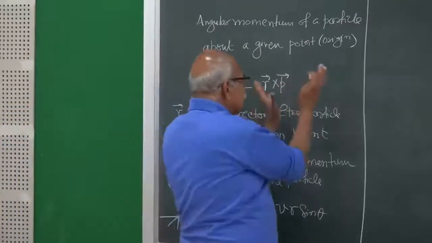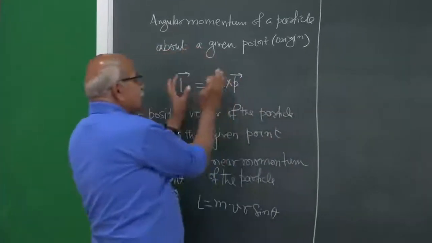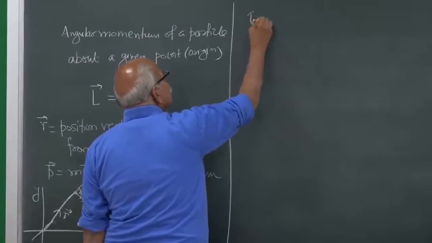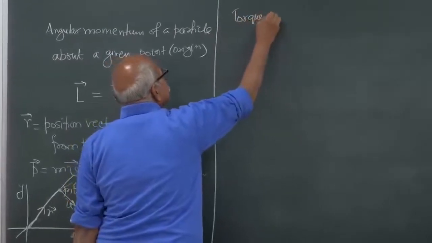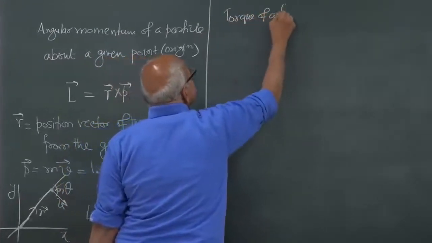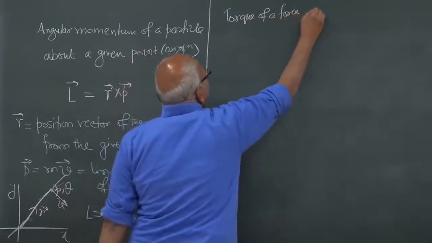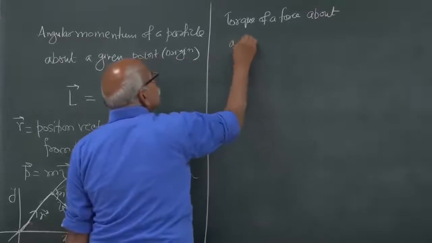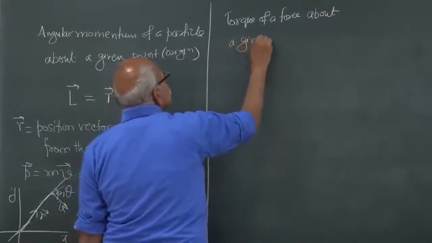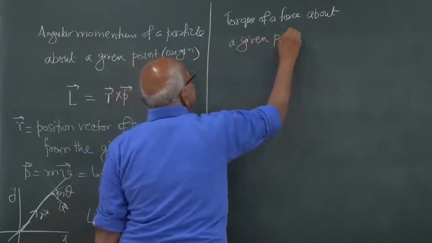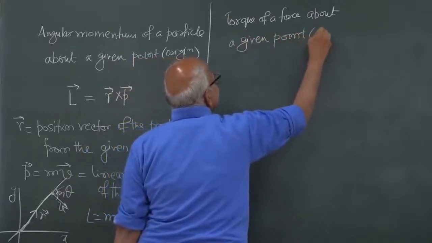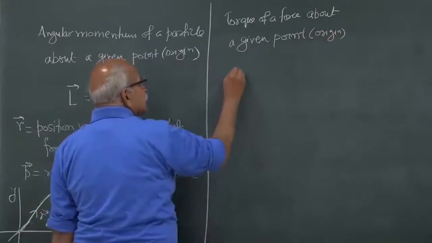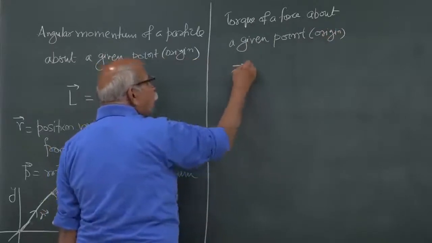Correspondingly, there is a similar looking quantity that we also define, the torque of a force, once again about a given point, which we will take as the origin, and that is written as tau vector.